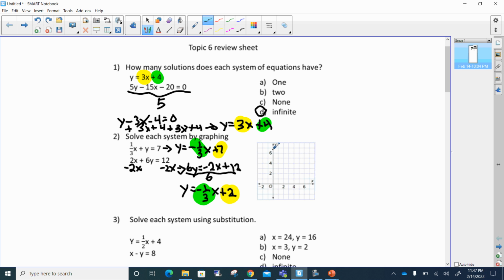This one starts at 7, and it goes down 1 and over 3. So down 1 and over 1, 2, 3. Down 1 and over 1, 2, 3 again. So this line is going to look like this.